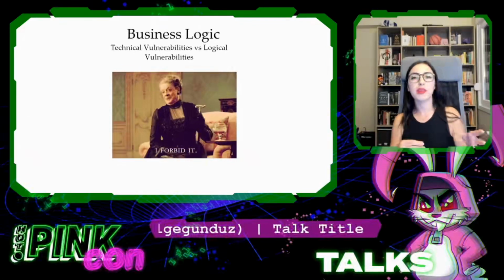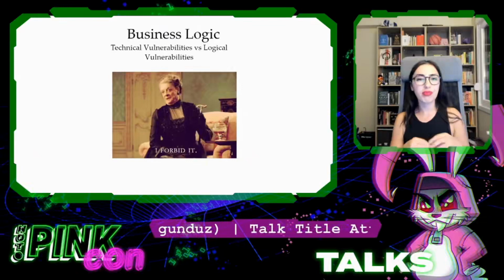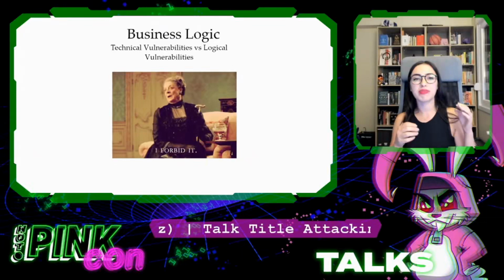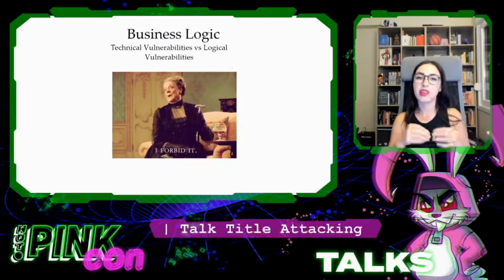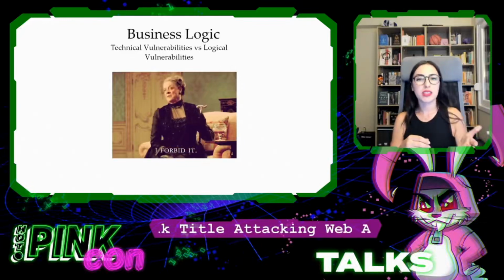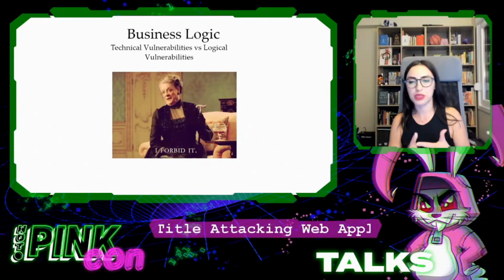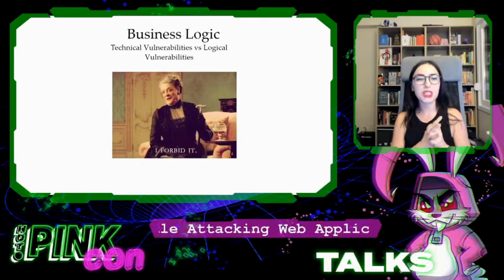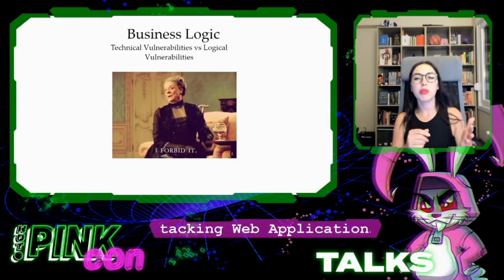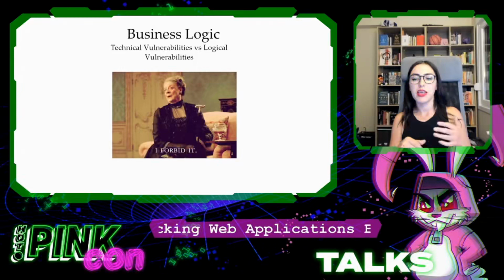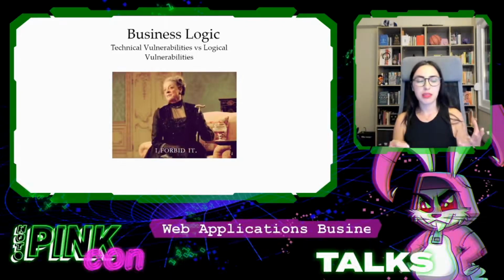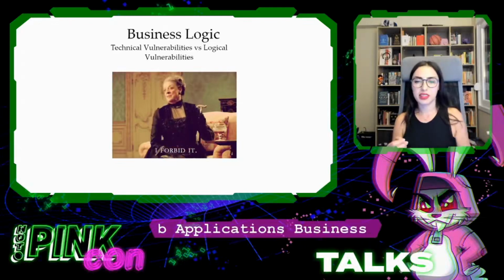So far we talked about architectures, and about the information, the data we're accessing, and I think it's time to talk about business logic, technical and logical vulnerabilities. For technical vulnerabilities, I can give an example like SQL injection. Vulnerabilities like SQL injection can be detected automatically.